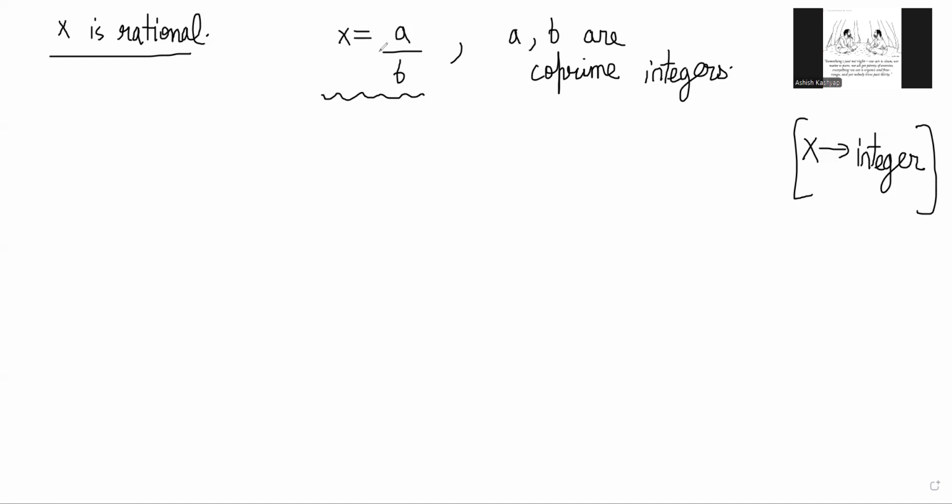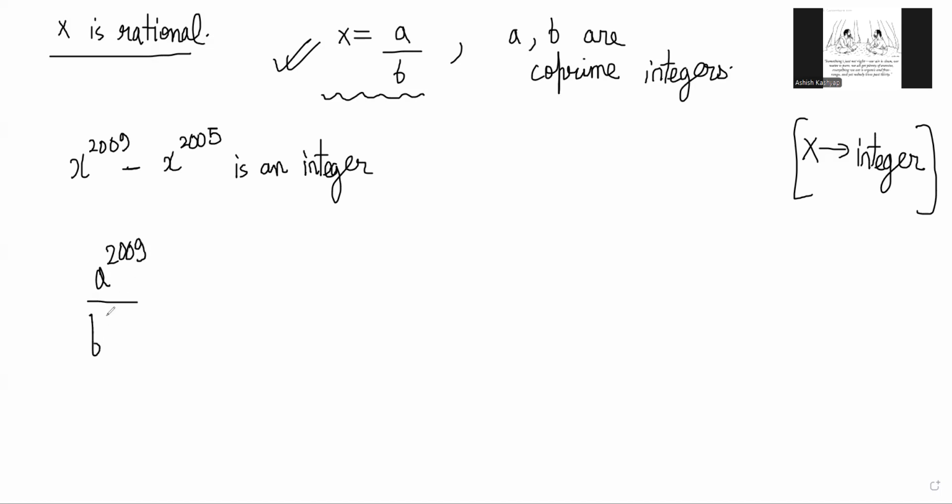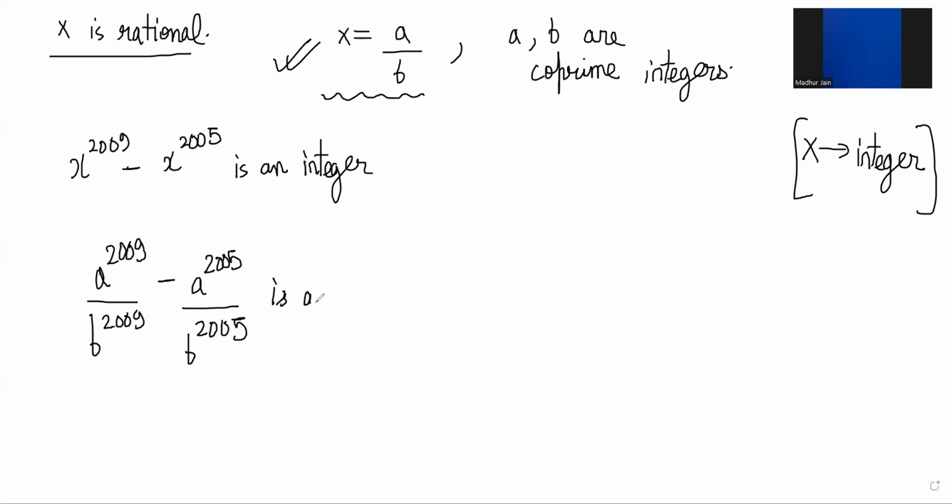If x is a rational number and x is written as a by b, we will use the fact that x power 2009 minus x power 2005 is an integer. That is given in the problem. So we'll write it as a power 2009 by b power 2009 minus a power 2005 by b power 2005. Sir, actually it was 2004. Oh, right.